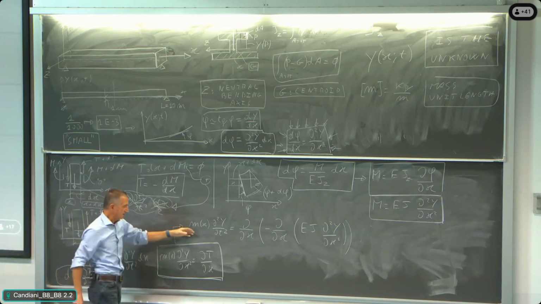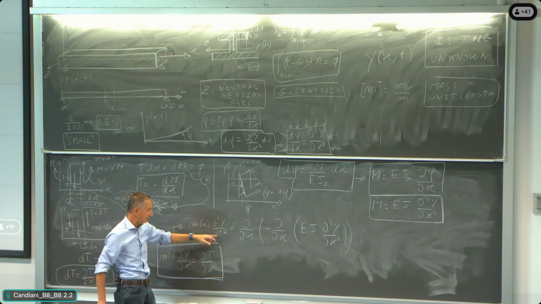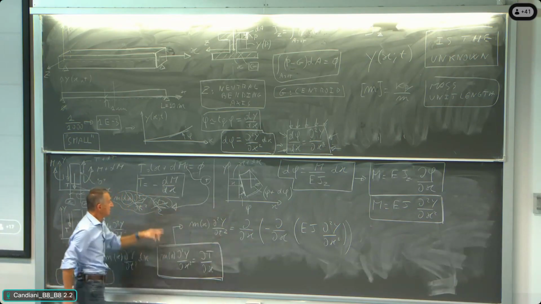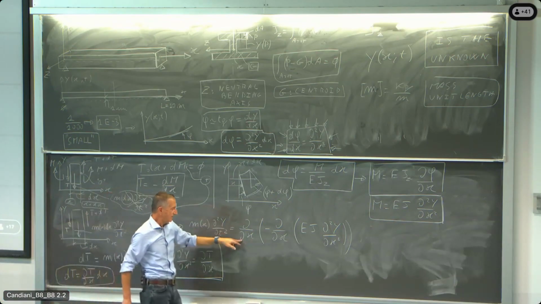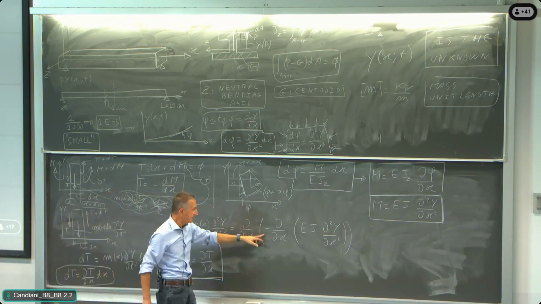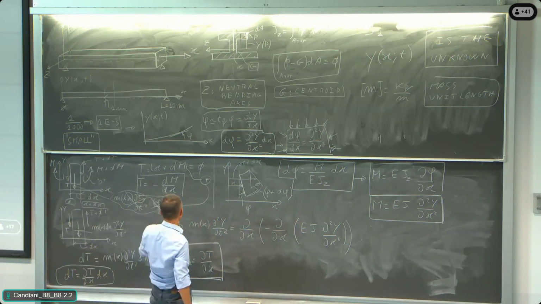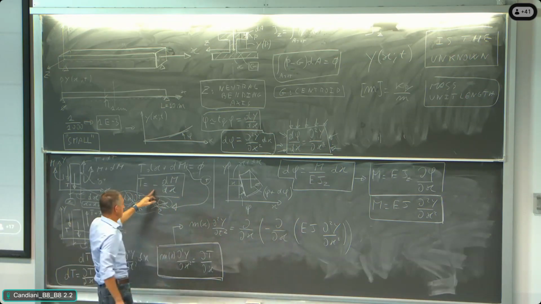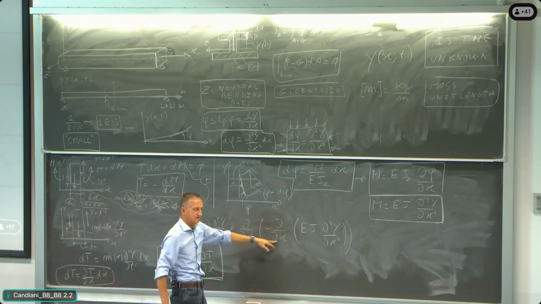And so we write that the elementary inertial force, m, second order derivative with respect of time, is the derivative of the shear. Here is the shear, but the shear is minus the derivative of the moment. And so I say minus the derivative of something.